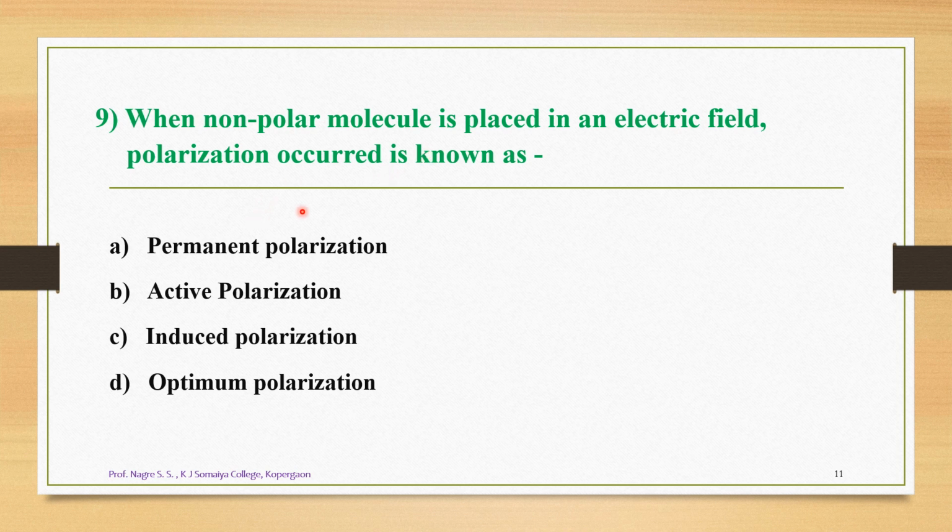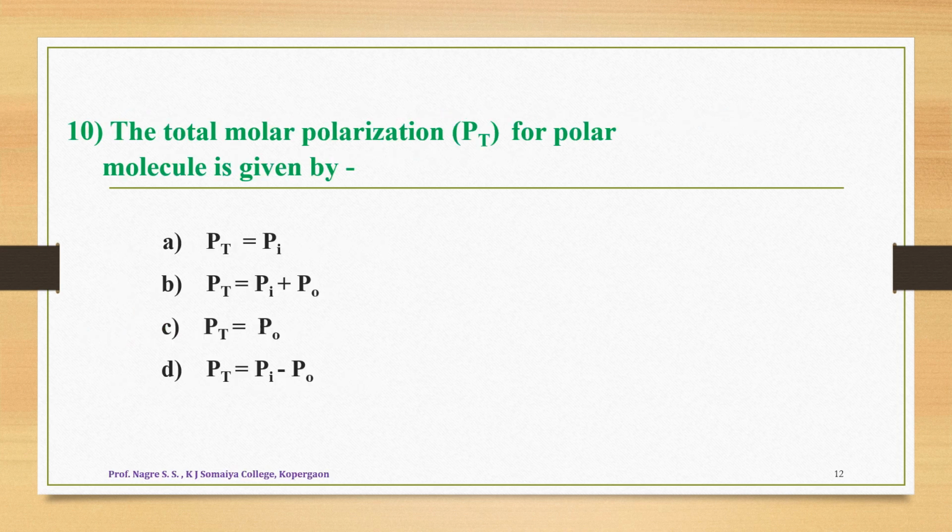Then this polarity is known as, and the options are permanent polarization, active polarization, induced polarization, and optimum polarization. The correct answer for this question is option number C, that is, it is called the induced polarization.